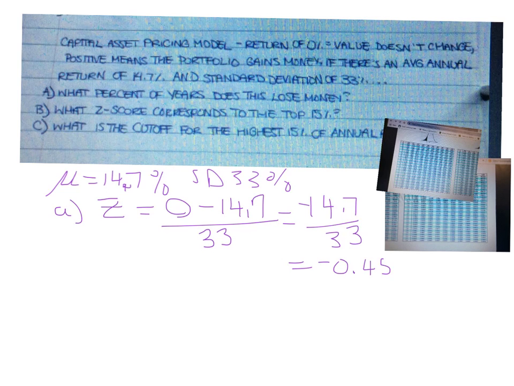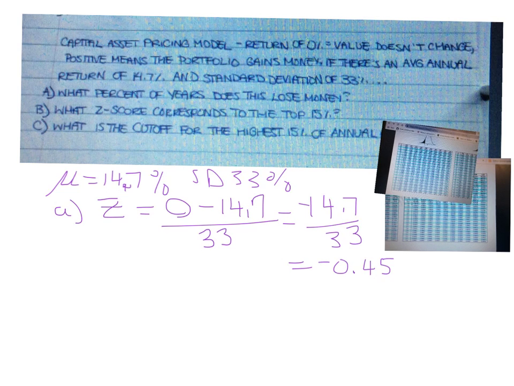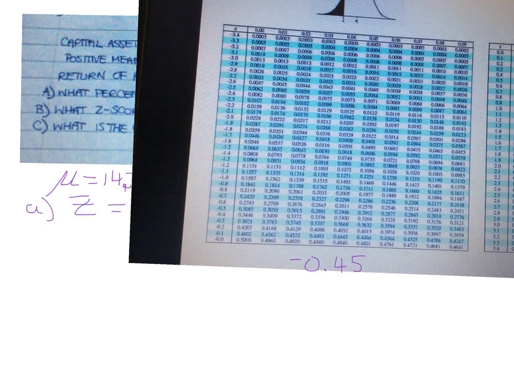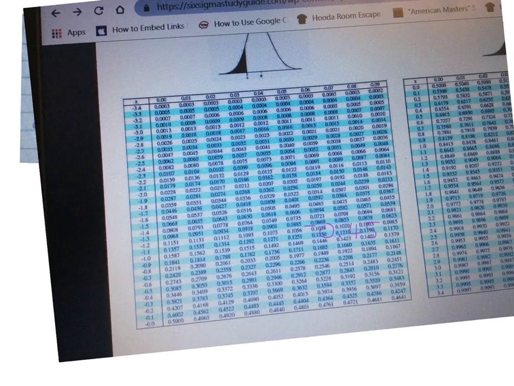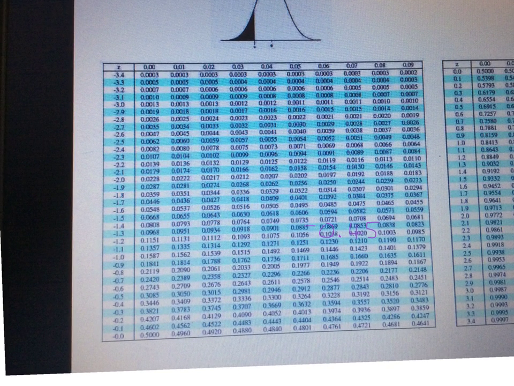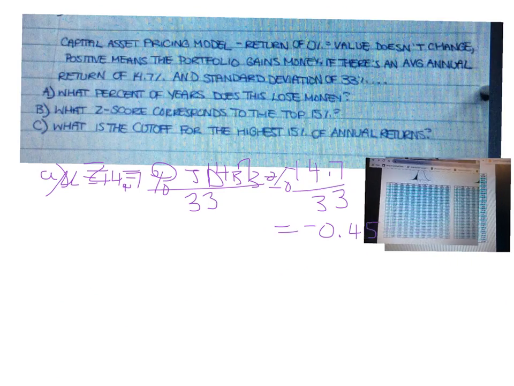And so in terms of making that a percent of the years where it loses money, what you want to do is get your Z-score table for your negative Z-scores, and remember that our value was negative 0.45, so we're going to look for negative 0.4, and then go over to the 5 for the 100ths, and we're here at the negative 0.04, and where those two things meet up, it will give us a percentage, and that percentage is 0.3264 this time. I'll just remember that: 0.3264.